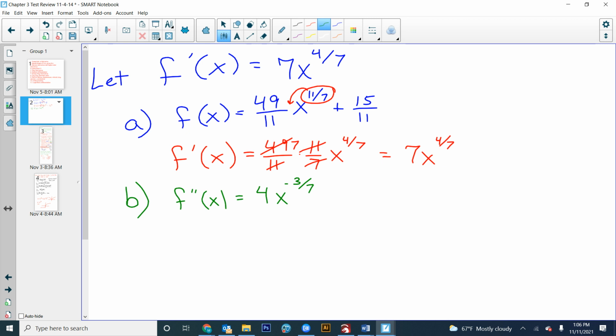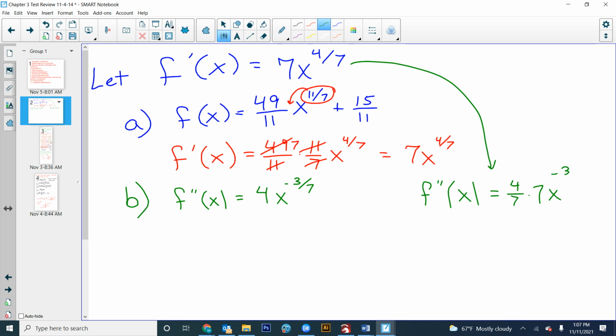Okay, so for this one, I'm using f prime that I know is true. I'm taking the derivative of it to see if what they gave me is the same. So I take f prime. I take 4 sevenths times, the exponent comes down, 7 x to the, subtract 1 from the exponent, subtract 7 sevenths.